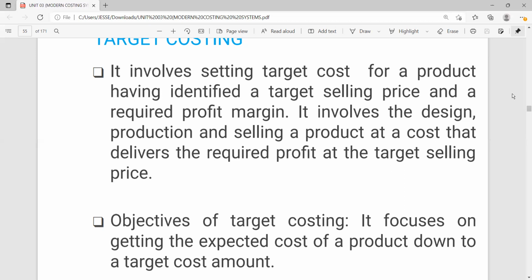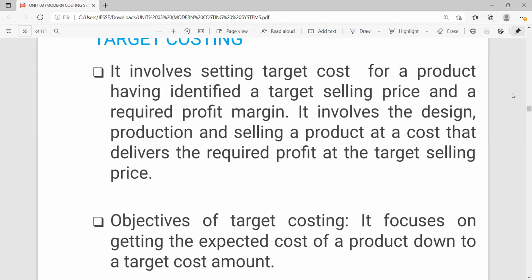So let's say you are producing a shoe, right? And you determine the selling price to be $10. You want to make a profit of, let's say, $3 on that. Then it means that your costs should be around $7.